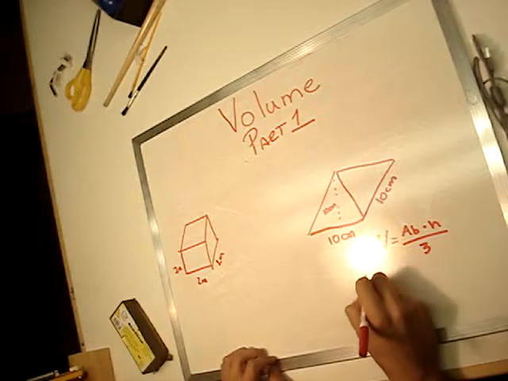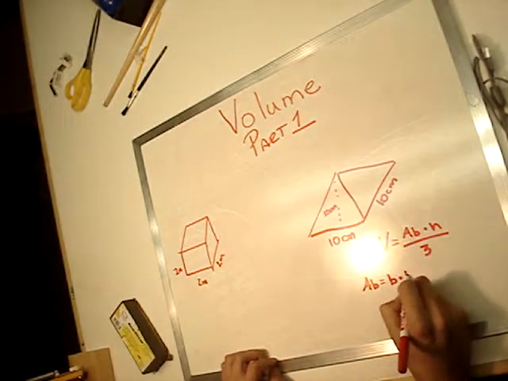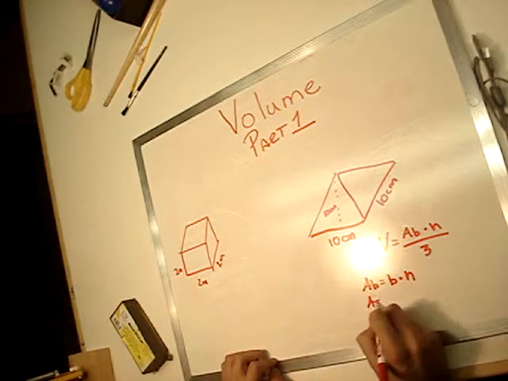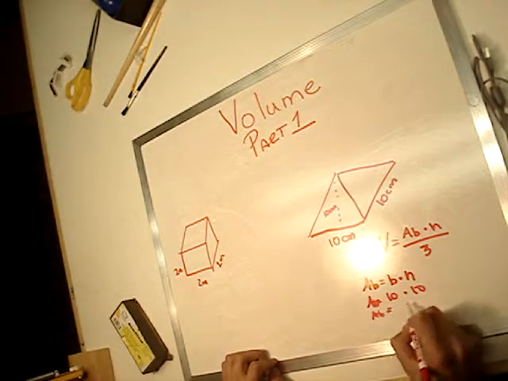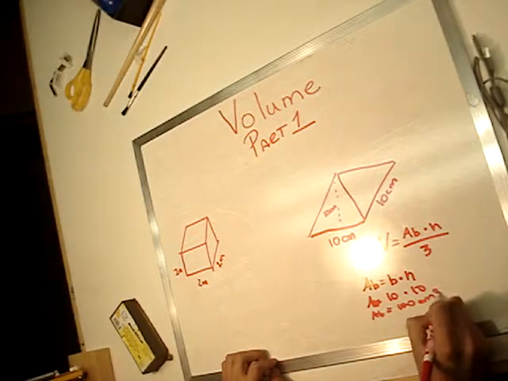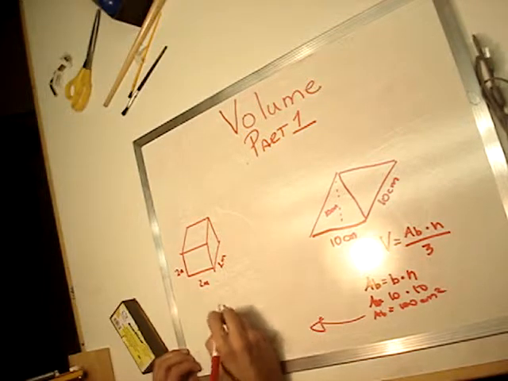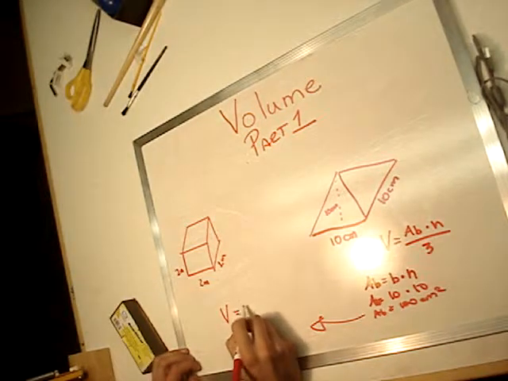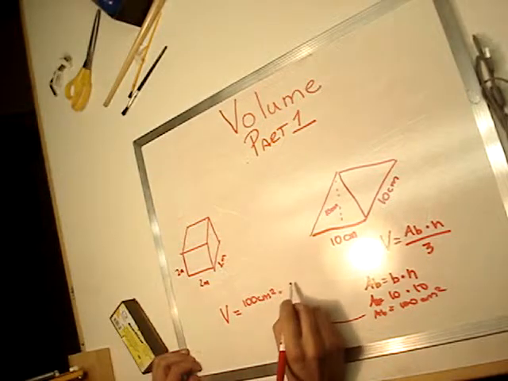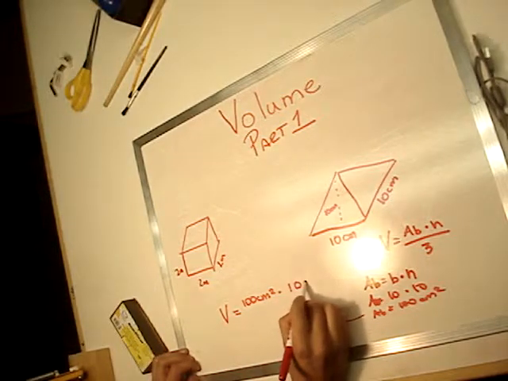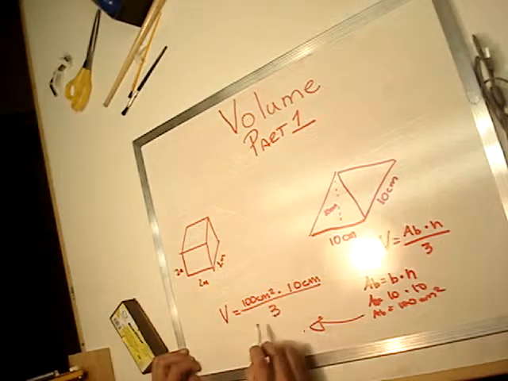So area of the base: the base is a square, base times height. So area equals 10 times 10, area of the base equals 100 centimeters squared. Now I'll continue over here. Volume equals area of the base, 100 centimeters squared, times our height, 10 centimeters, divided by 3.